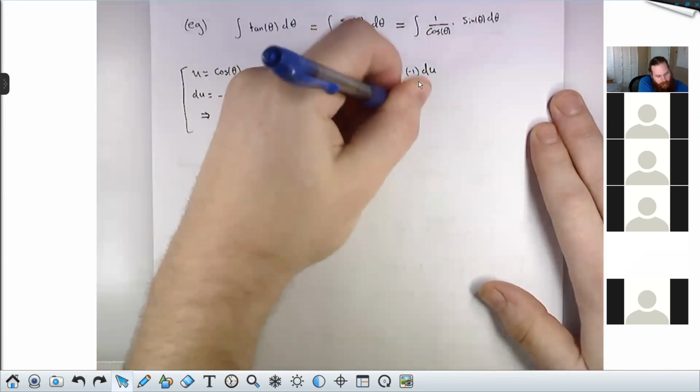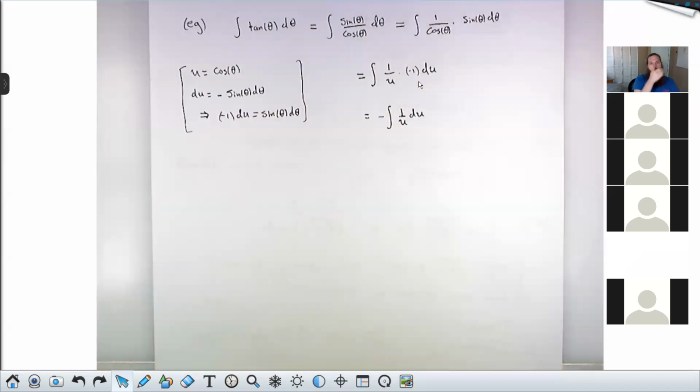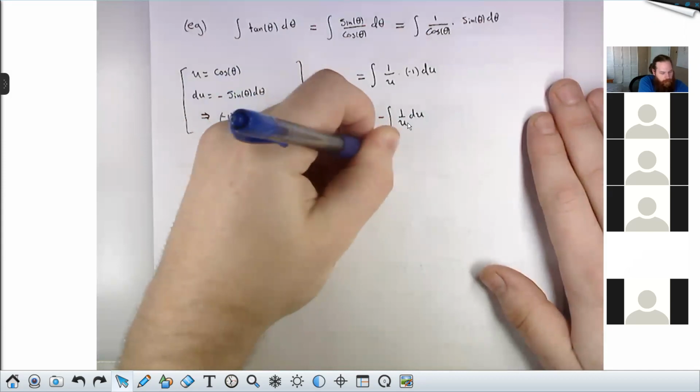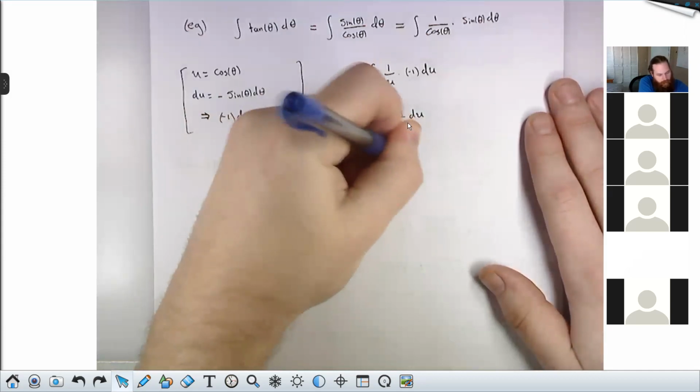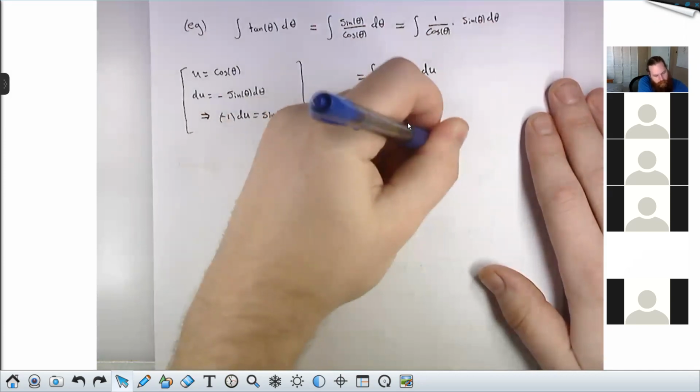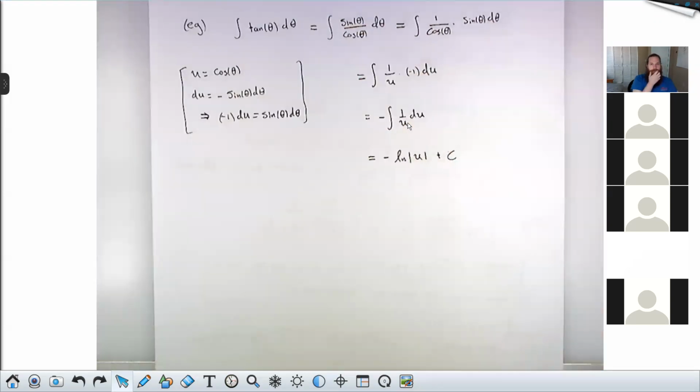And now 1 over u du, that's natural log, right? The integral of 1 over u du is the natural log of the absolute value of u. And we add on our plus c.